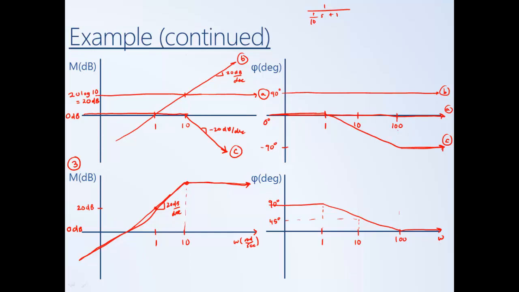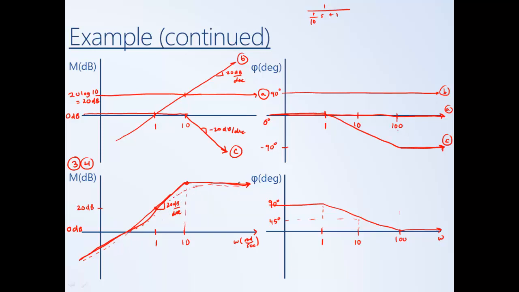The last step, step 4, if we wish to, is to try and approximate the curves of the actual Bode diagram. So in this case, we would follow this straight line, but in between those two straight line segments, we would have a curve.